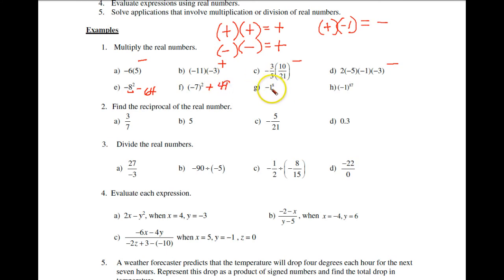Now this one's a little tricky. Is the negative sign included in the base? No. So the answer, whatever it is, is going to end up being negative. Now notice this is an odd number, and the negative sign is included in the base.